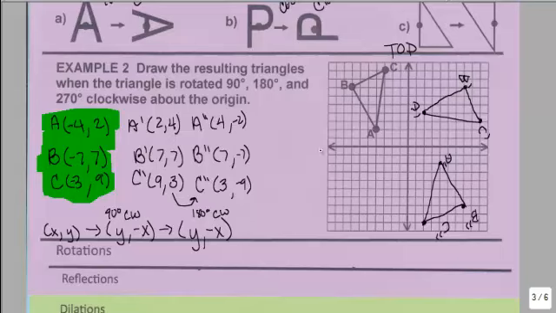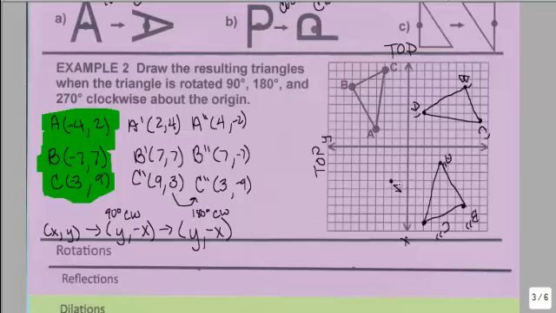Lastly, we're going to do the 270 degrees, so you need to make this your top. Now this will be our X, and this will be our Y. And we're going to go, still with the green points, 1, 2, 3, 4, 1, 2.